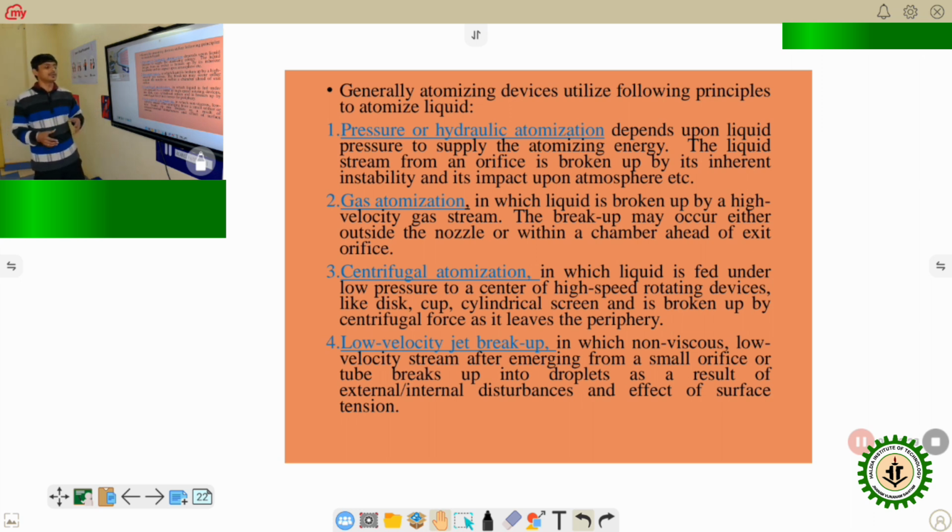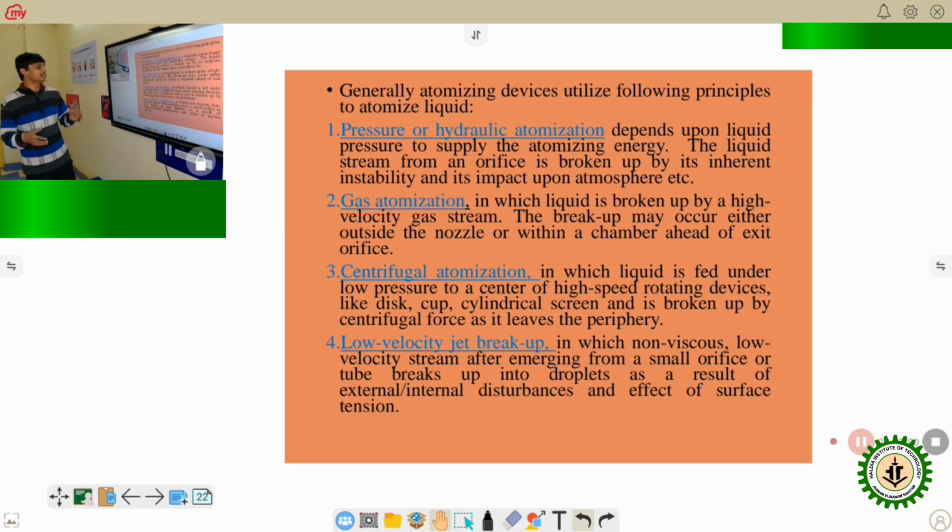Centrifugal atomization is where centrifugal force is used for making the droplets and atomizing the liquid materials, which are properly and uniformly sprayed on the crop canopy or over the field.